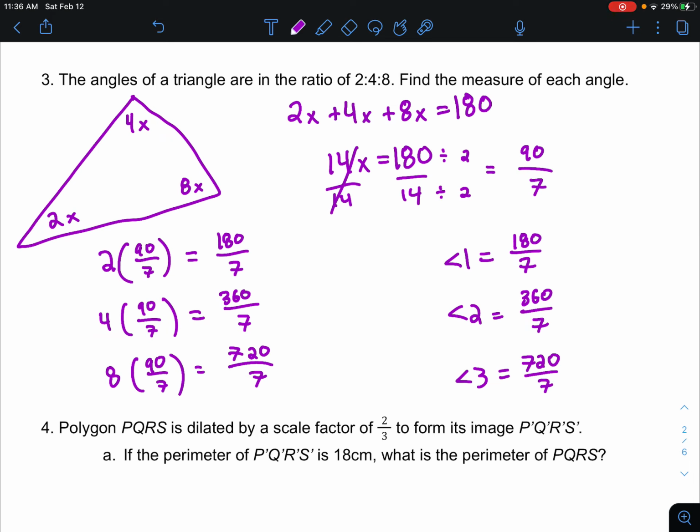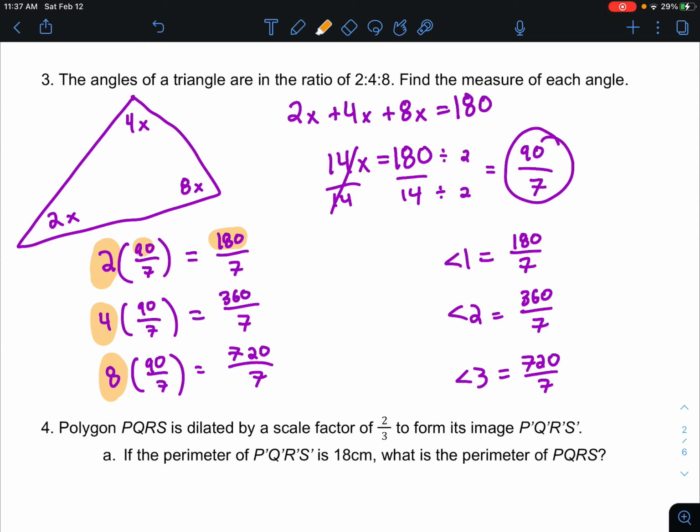And you might wonder, how do I know those are fully simplified? Well, 90 over 7 was already simplified fully, and we are multiplying by 2, 4, and 8. So we're not really adding in any sort of factor of 7. So there's no way that 2 times 90, which has no 7s as factors, is equal to 180. We're not going to have 7 as a new factor.